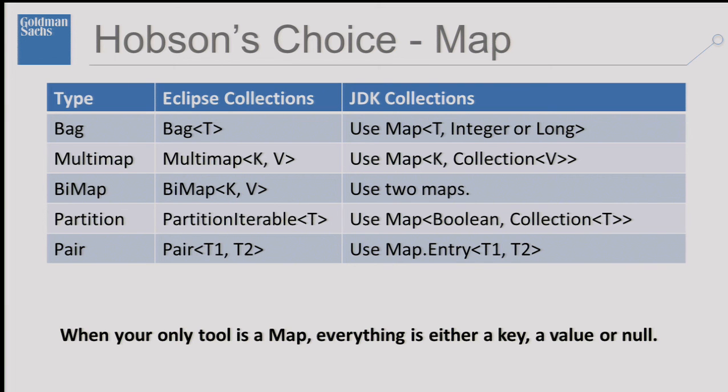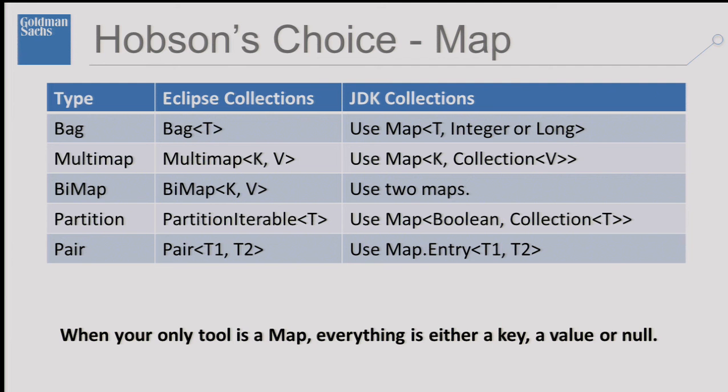We have partitions. A partition is really a result from a partitioning operation. If you have a collection of objects and you want to scan them and decide which ones match the criteria and which ones don't, you can return a partition which contains the ones that match and the ones that didn't match in two separate collections.